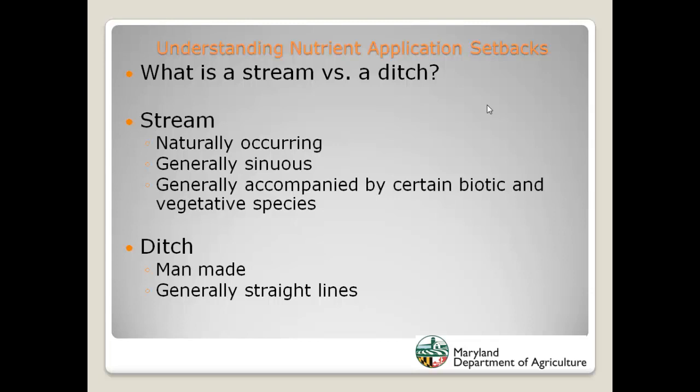They're generally accompanied by certain biotic or vegetative species that occur naturally along this water course. As we refer to them and we'll define them, the ditch is going to be man-made. They're generally straight. Whether it's a drainage attached ditch kind of network on the lower eastern shore or more of a field ditch location or configuration elsewhere in the state.